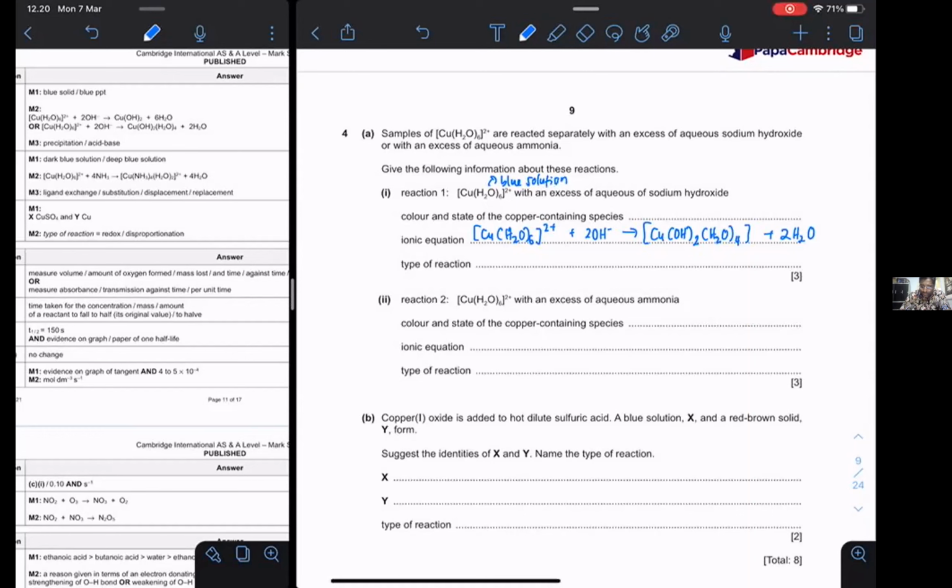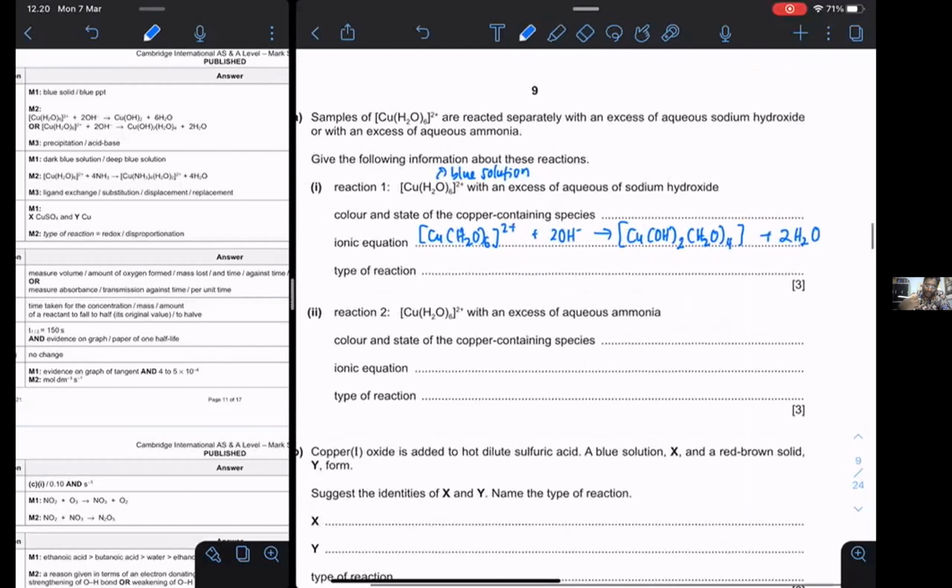If you test for the copper 2 plus ion, one of the popular questions is what will happen if you test with sodium hydroxide. This will give you a blue precipitate.